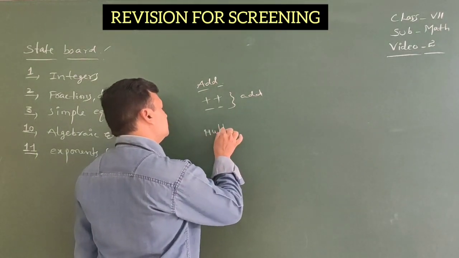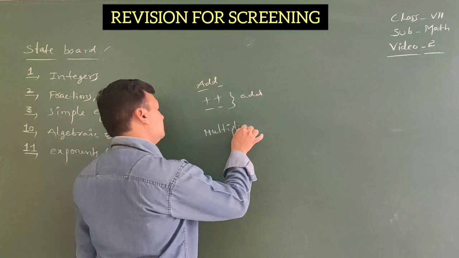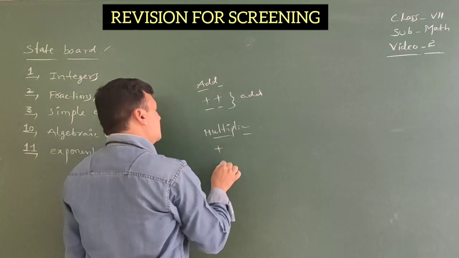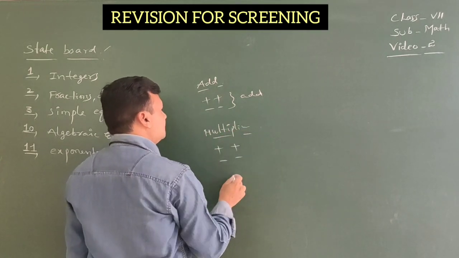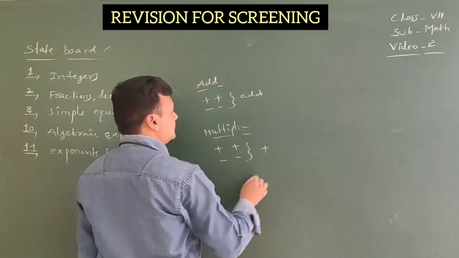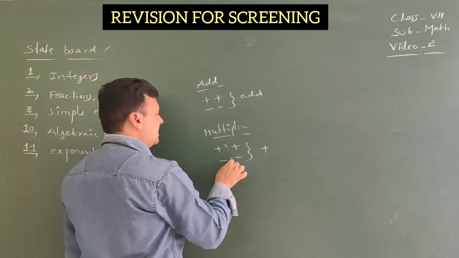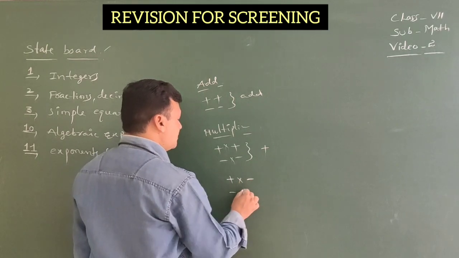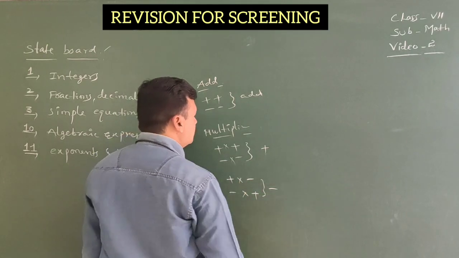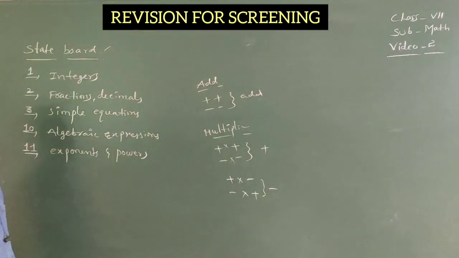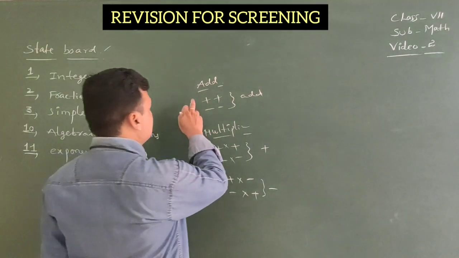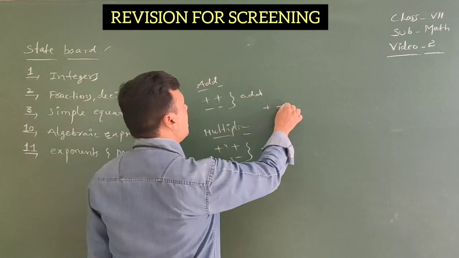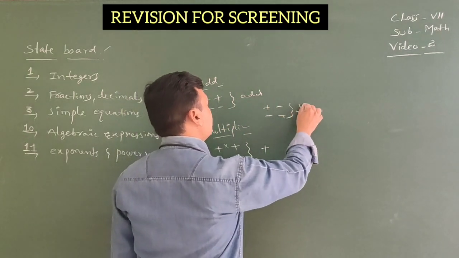Multiplication. While you are multiplying, if they have the same signs, the result is positive. If you are multiplying opposite signs, the result is negative. In addition, if they have the same sign, add. If they have opposite signs, subtract.